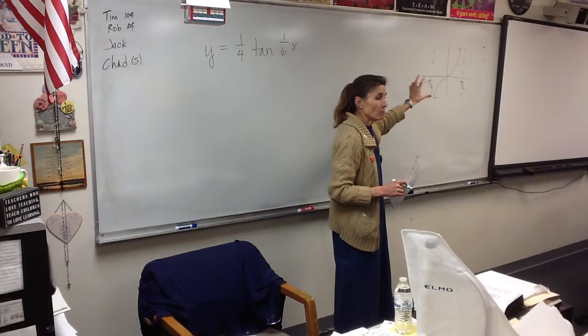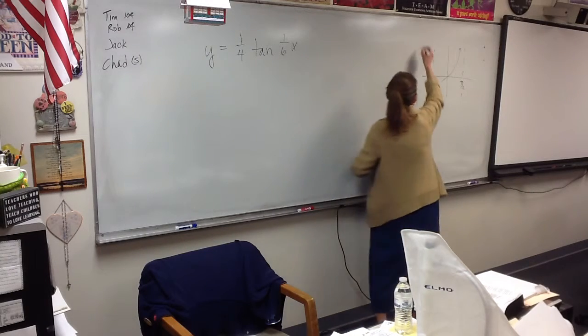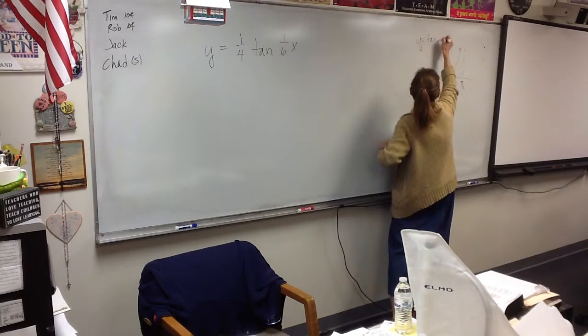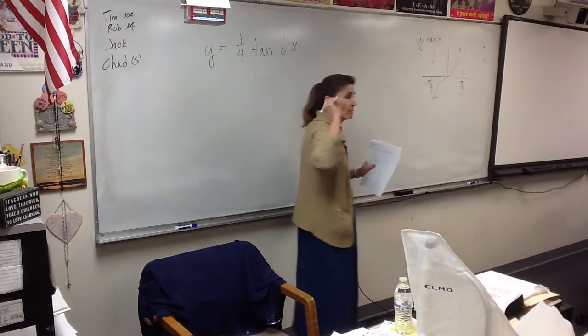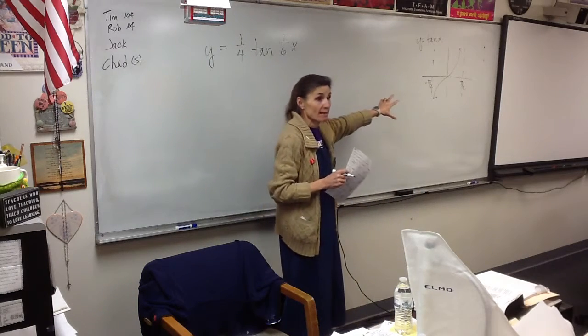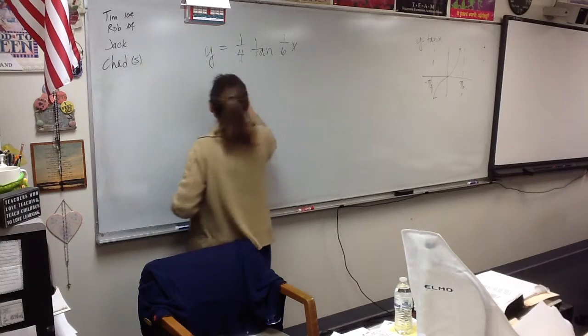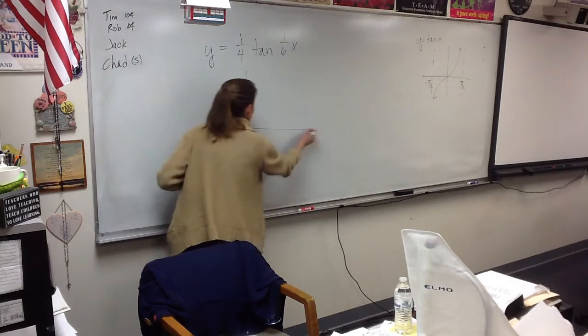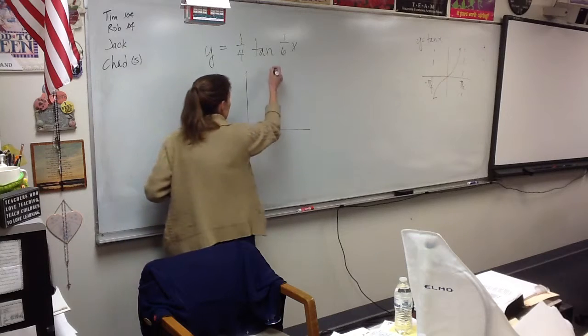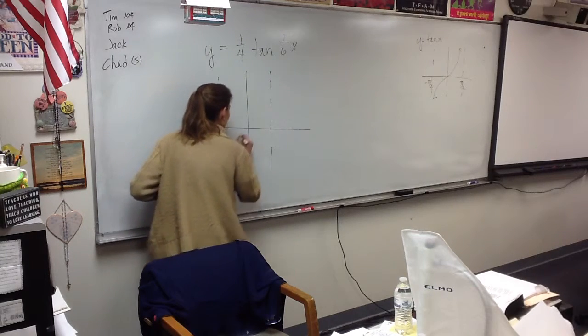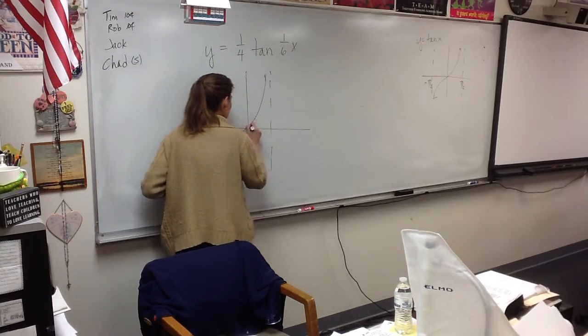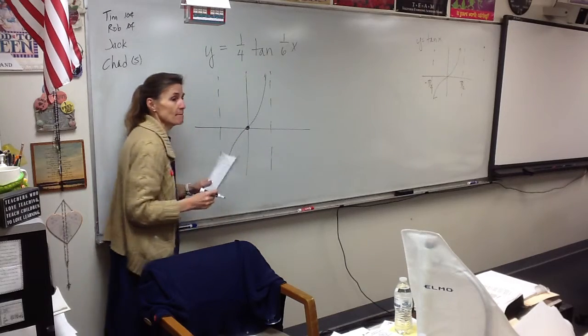Any number I put into the equation, this is the equation y equals tan x, any additional number I put into the equation is going to impact that picture. I have a positive tangent. That means its basic shape is the same, that's the origin.